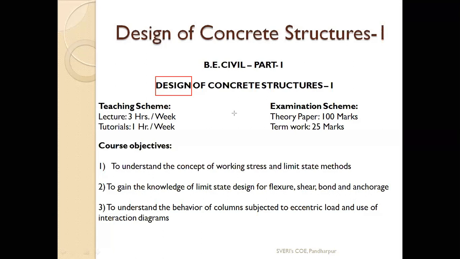And once you find the quantity of steel required, that is the number of bars, you get the design of steel. In this way we calculate the quantity of concrete and steel, that is, the design of our plinth beam including steel. So Design of Concrete Structures 1 is the subject related to design.